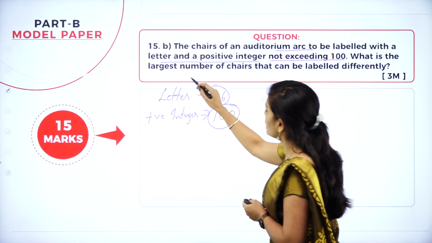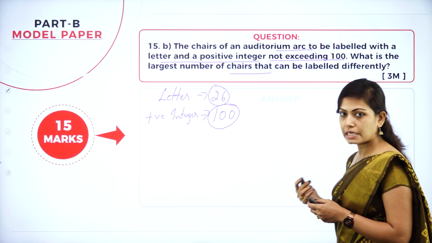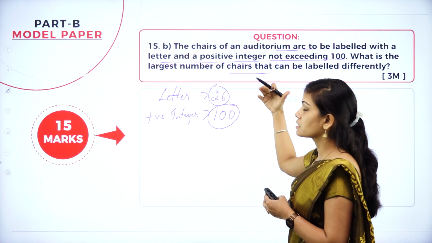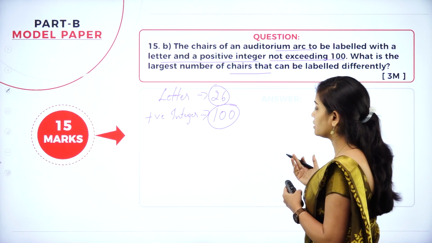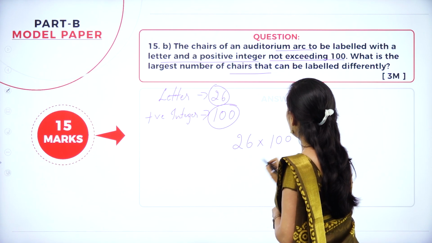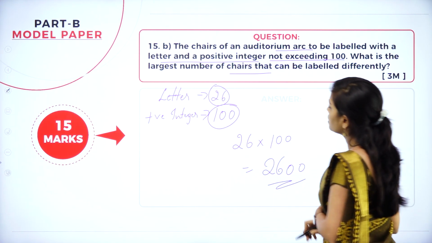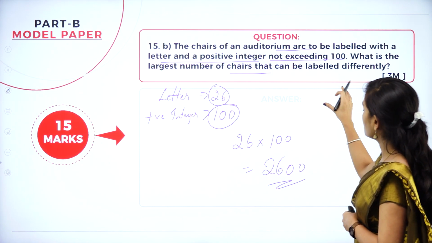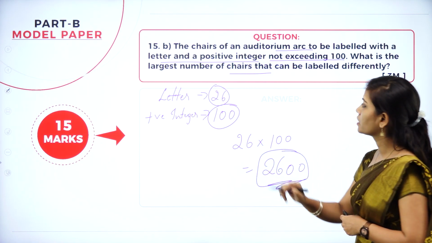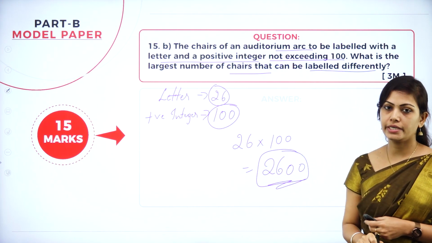What is the largest number of chairs that can be labeled differently? That is the product rule, 26 into 100, that is 2600 ways. So this is the largest number of chairs that can be labeled differently.